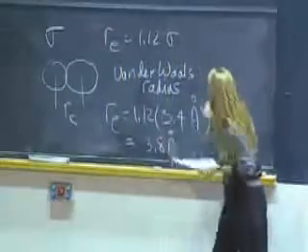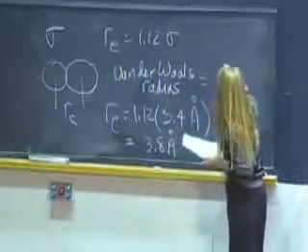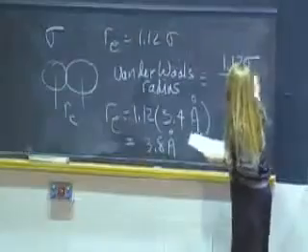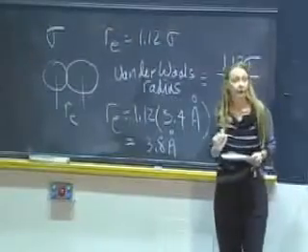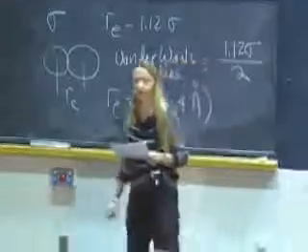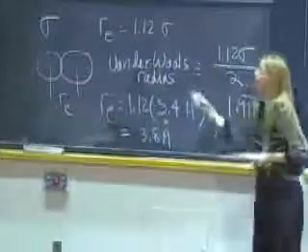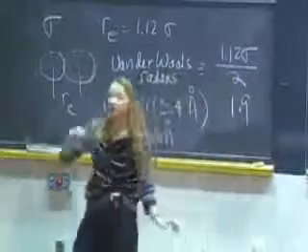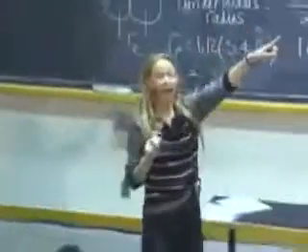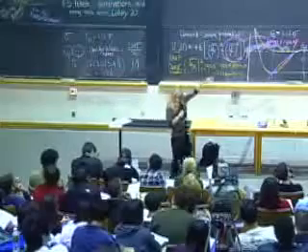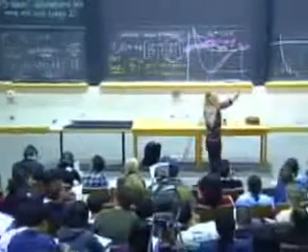is given by this 1.12 sigma over 2. All right? The van der Waals radius, in this case 1.9 here, is the radius that you use in these space-filling models. On the side walls, that top model is a space-filling model.